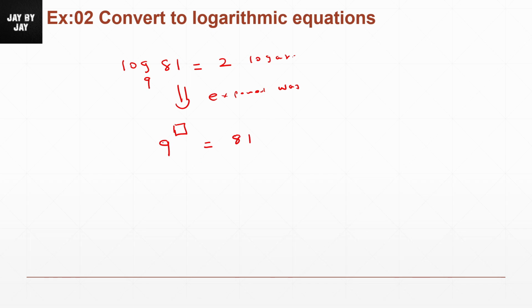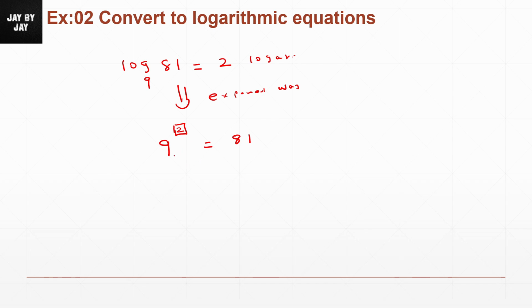If you raise the base 9 to some power, it will give 81. That is the exponential form. So what is the value here? 9 to the power 2 gives 81. That's how you convert the logarithm into the exponential.